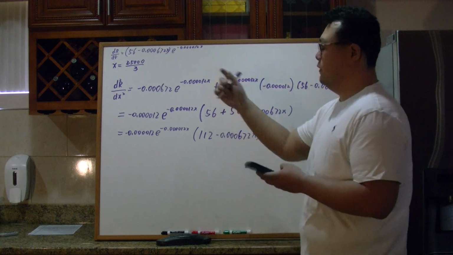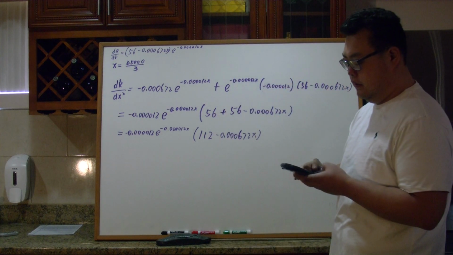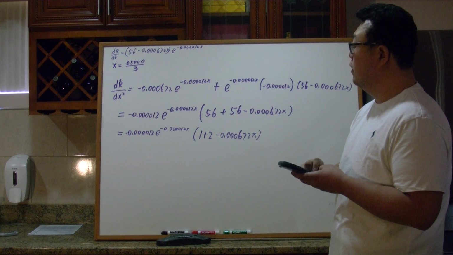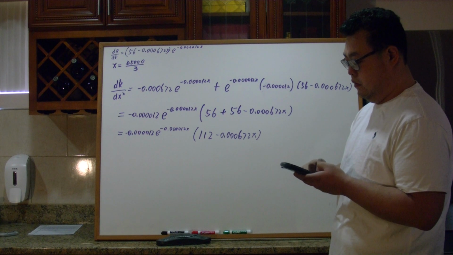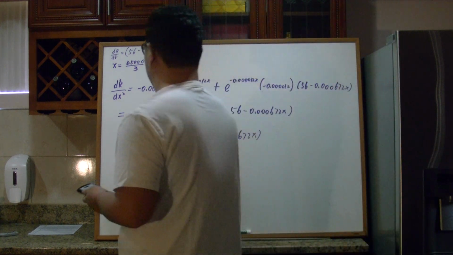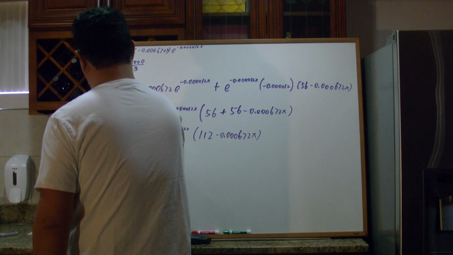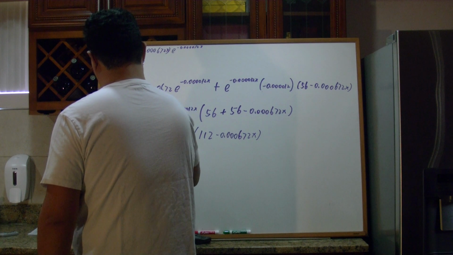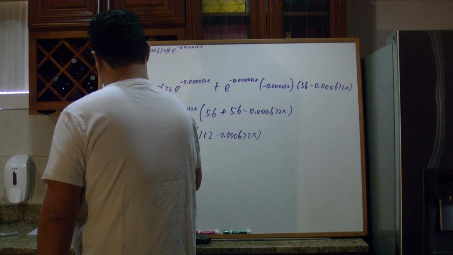And we plug in 25,000 over 3 for x, and the result is 56.